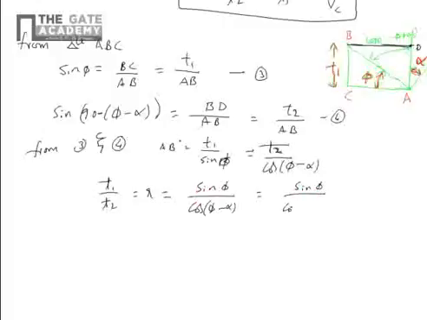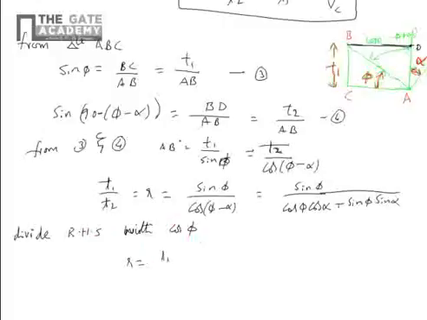Simplifying, cos of phi minus alpha can be written as cos phi cos alpha plus sin phi sin alpha. Divide numerator and denominator by cos phi.